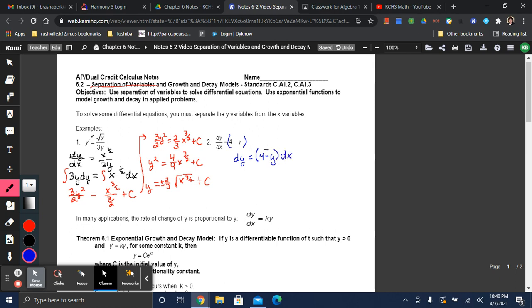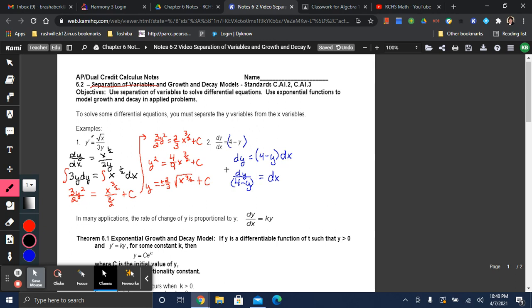And then I want to get this to the other side. So I'll divide by that 4 minus y, making dy over 4 minus y equals dx. And then this is what we will integrate on both sides.